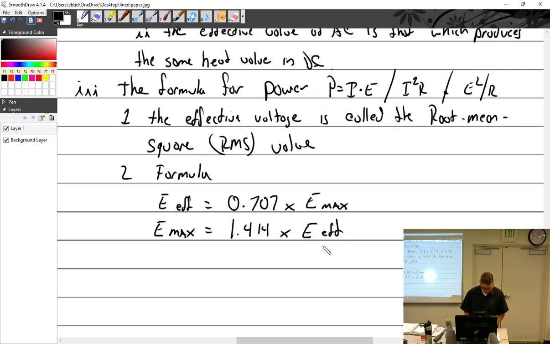It's the square root of 2, and the other one's 1 over the square root of 2. Not easier, because it's the same number.